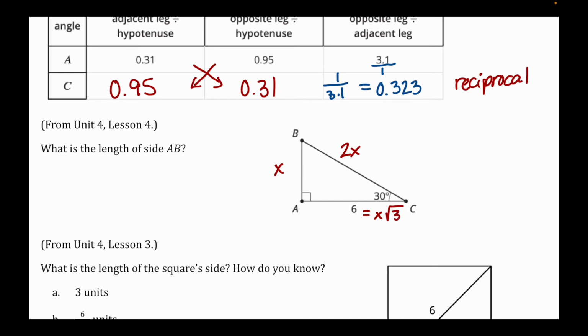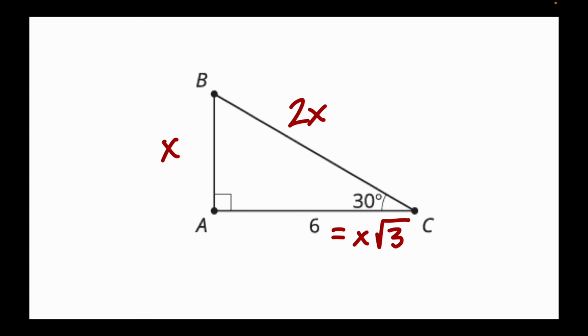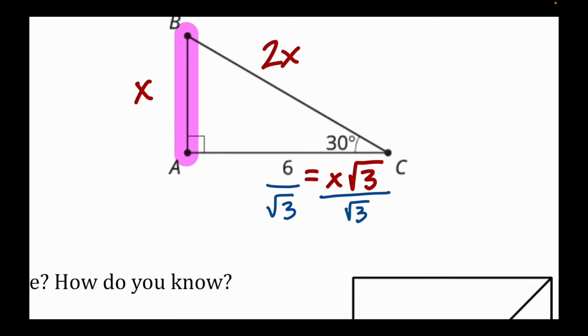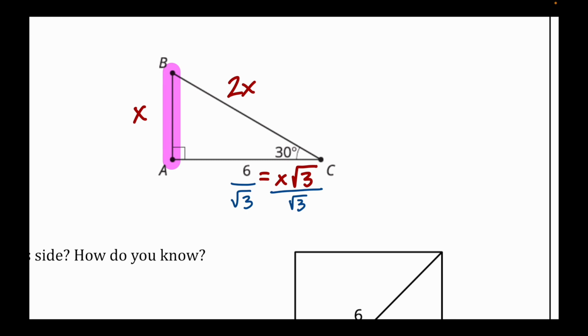So in order to find AB, that is this one right here. So I'm just going to try to find x. So I'm going to take this here and divide both sides by the square root of 3 and show my work this way. So these will cancel out with each other.